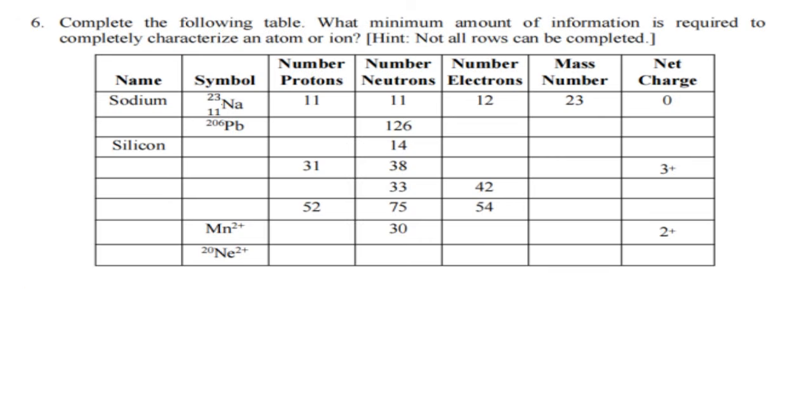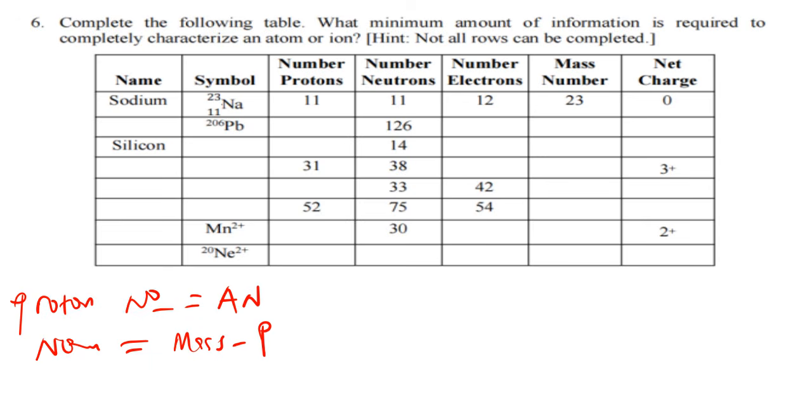Those are the 3 things that they need. Now, the proton number or atomic number defines the element itself. When we talk about neutrons, we're talking about the mass number minus the proton number.